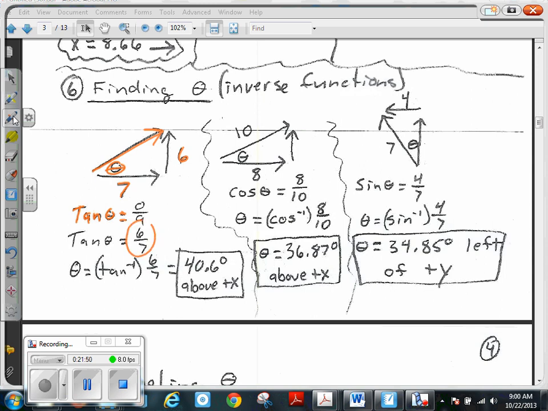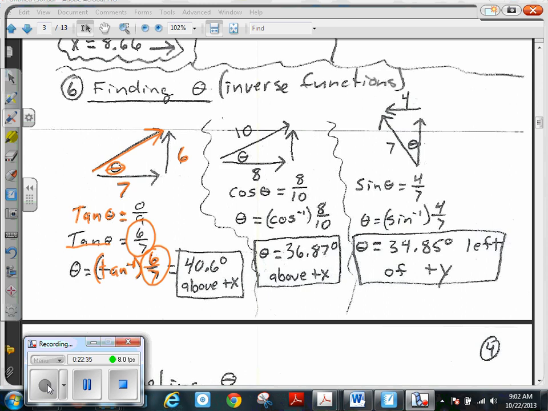You put in your ratios, and then you're not dividing by tangent, because tangent is just a function, it's a ratio. But the way that you signify this algebra is you put tangent to the negative first. And when you put that into your calculator, you're saying, hey, I got a ratio for you, can you tell me the angle? So in your calculator, go ahead and put 6 divided by 7, and then push inverse tangent, or second function tangent, or something like that, and see if you can come up with this answer.